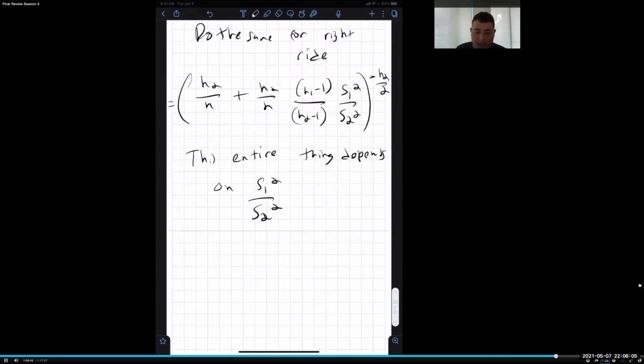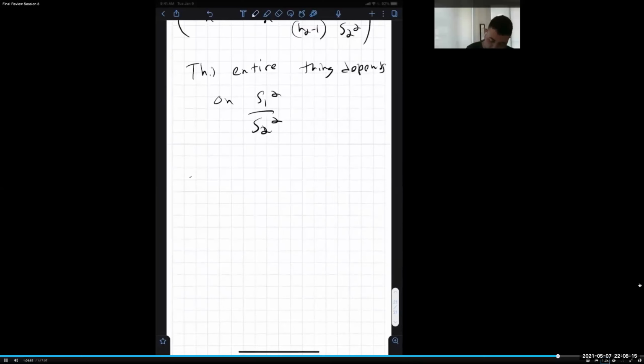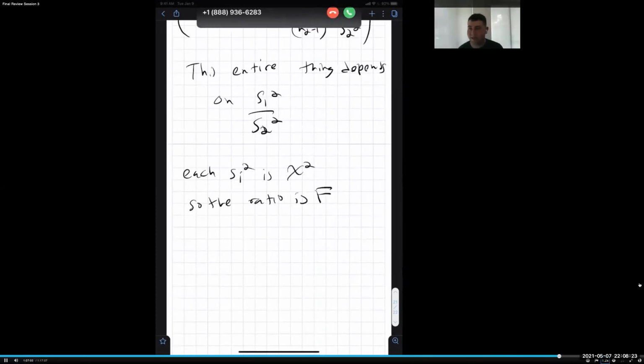But what does that mean in terms of a test? We can know the exact distribution of this because these two are chi-squareds. Each S_i is chi-squared, so the ratio is F. And that gives us a test statistic that we can use to test the hypothesis that the two variances are equal.